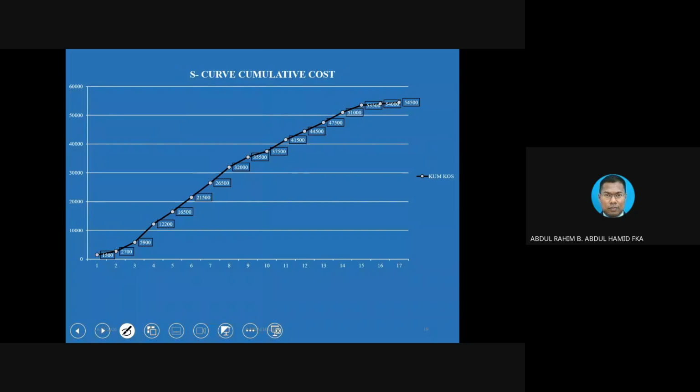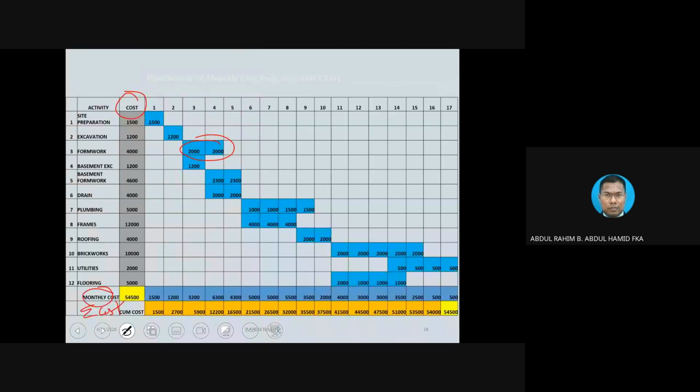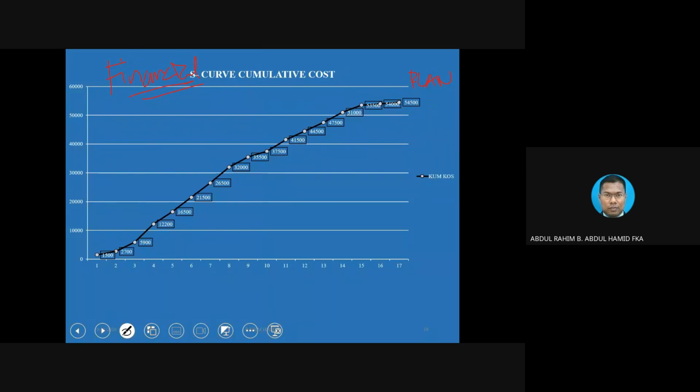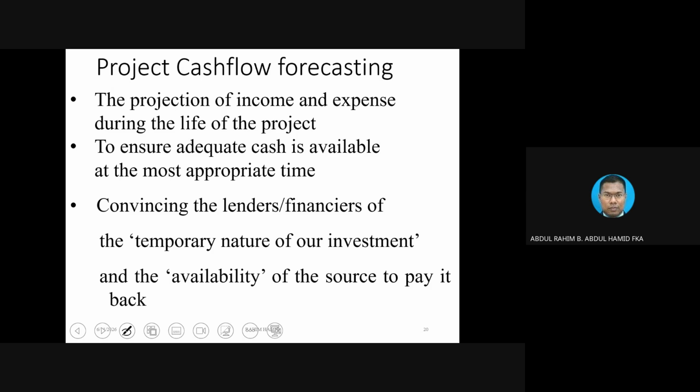Then we can plot the graph. This is what we call plan. And when we use the element of cost, money, this is what we call the financial S-curve. If I do not come up with the duration, otherwise we are going to have another S-curve, we call it the physical S-curve. So this is just the fundamental.